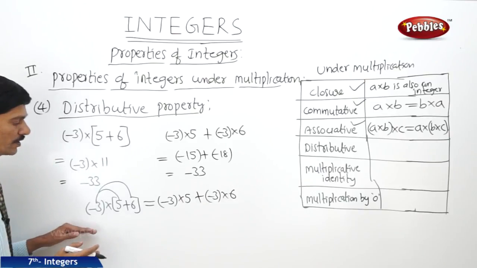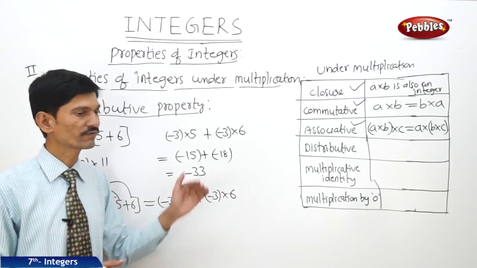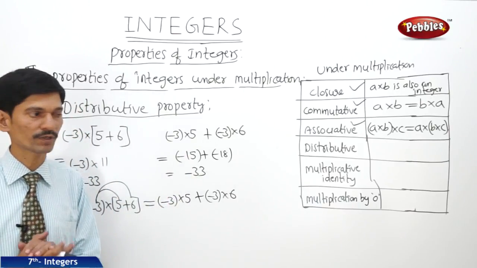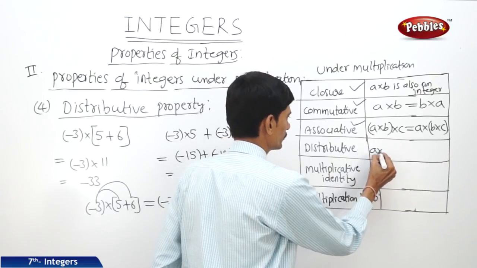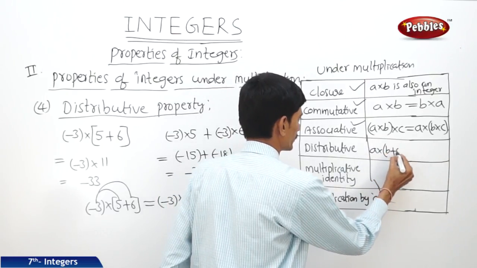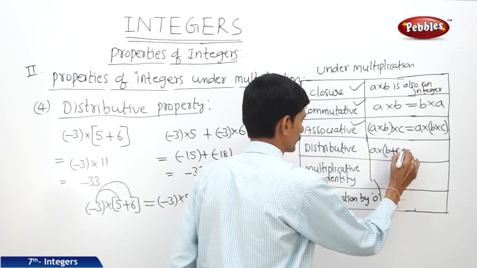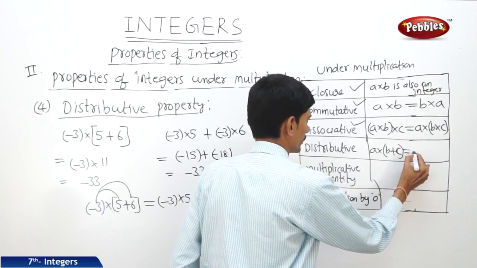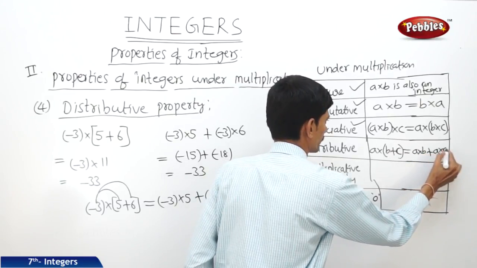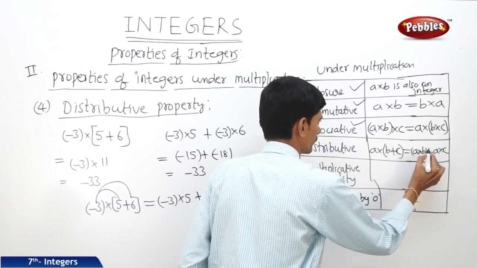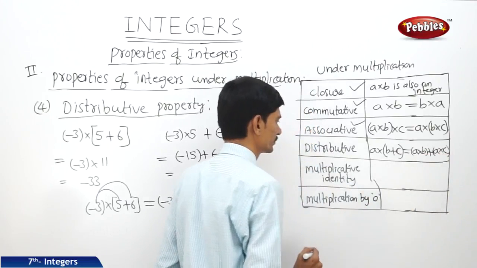This can be verified by taking any three integers. In general, for any three integers a, b and c, a into (b plus c) equals a into b plus a into c. So this is called multiplication is distributive over addition.